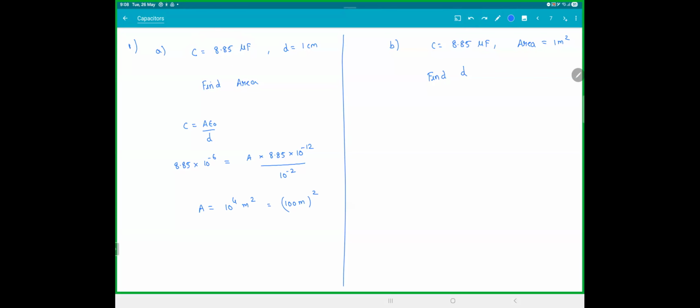So increasing area to increase capacitance is not a good option. If you want a big capacitor, increasing area is a bad idea. Increasing area to increase capacitance is not economical. So yeah, that doesn't work.